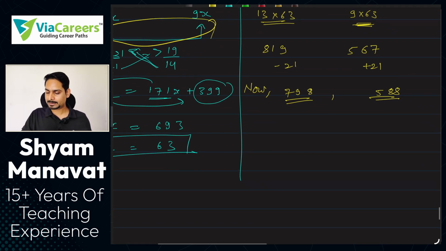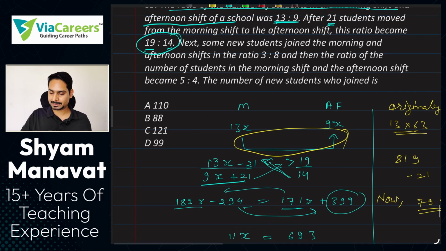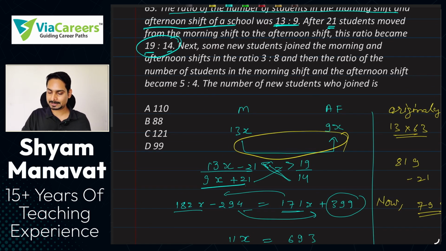Now, as per the question, let's see the next part of the question. The next part says, next, some new students join the morning and afternoon shifts in the ratio 3:8. After joining, the new ratio becomes 5:4. We need to find out the number of new students who joined.